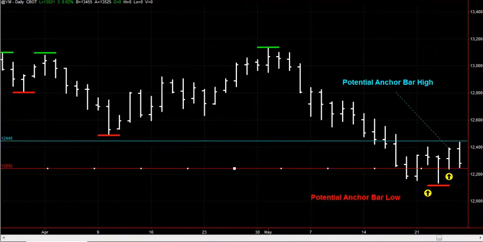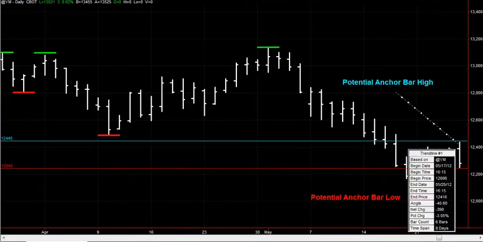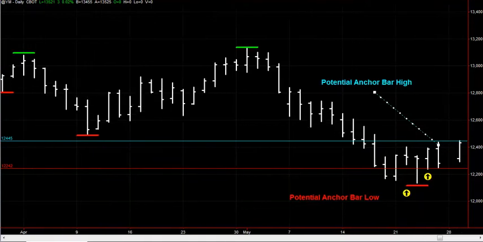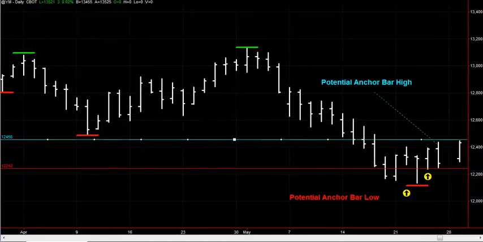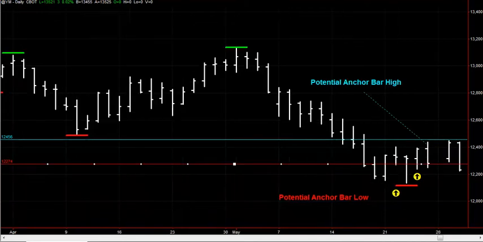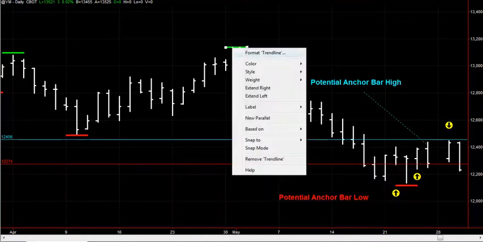And remember, we're looking for a close, so we just move this along. And that's slightly higher, but doesn't close below. That is a close below, so immediately we have a new, this bar here becomes the anchor bar high.